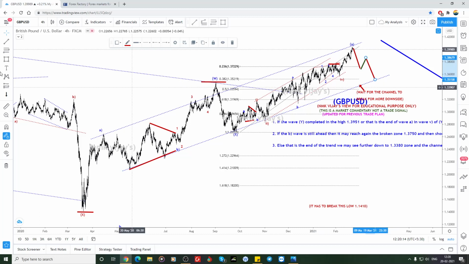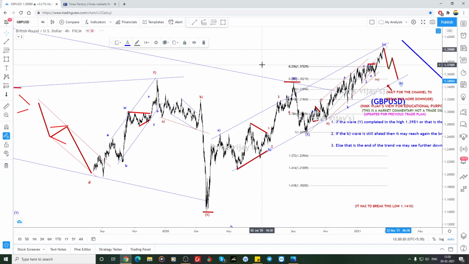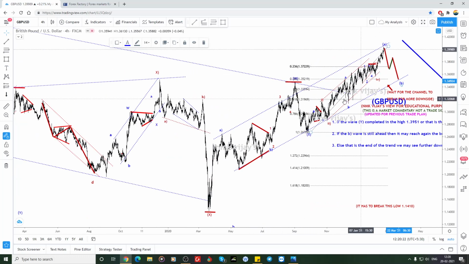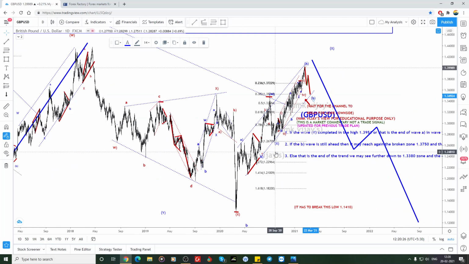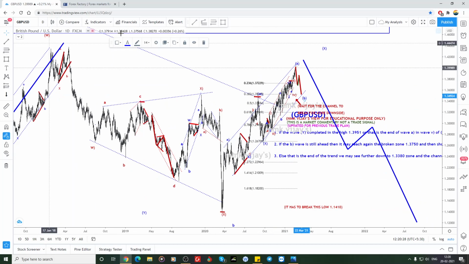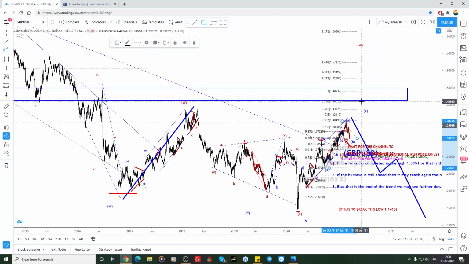After the end of the B wave, the C wave has to shoot again. Once again, the C wave target is the A wavelength of 786, exactly at 4.6. So that could be an expanded flat we are expecting.